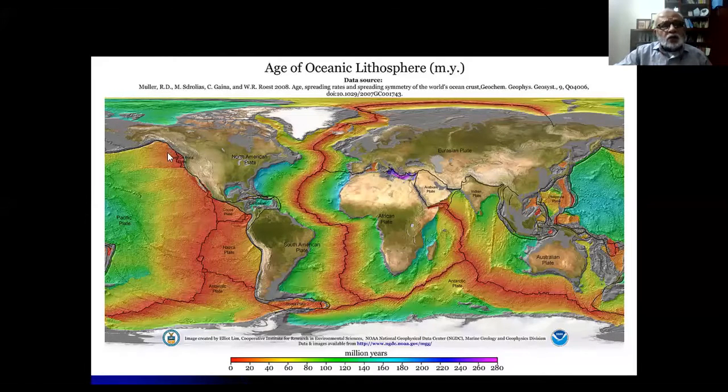So this is what we call the ring of fire, and not only volcanic eruptions, but you also have very earthquake-prone zones here. And you have Hawaii, the island of Hawaii, where very active volcanoes are located here in this Pacific Ocean.